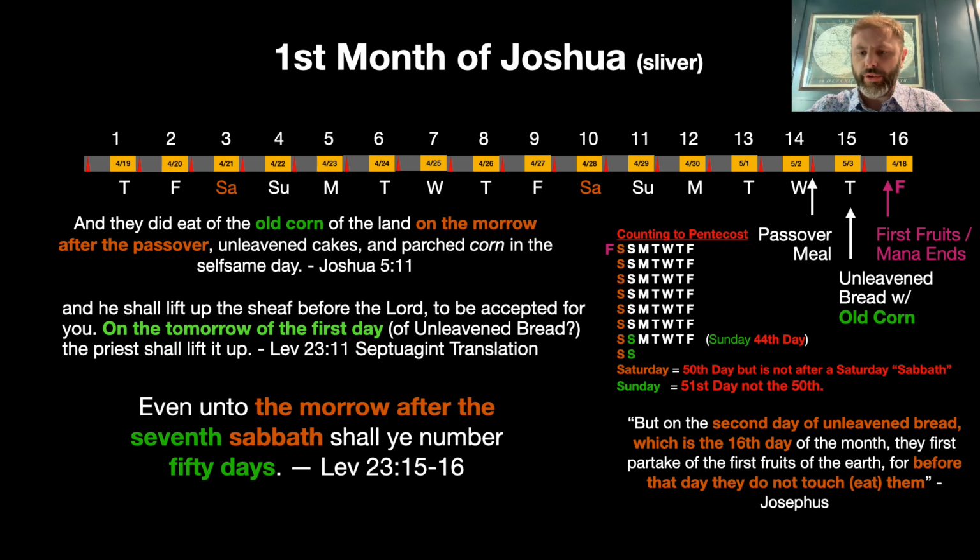So here's an example where we're told that 50 days, 7 Sabbaths should line up on a Saturday, but it does not line up on a Saturday in this particular year, or any year really, where Passover is not on a Friday. So there's lots of other things to investigate with respect to counting the time to Pentecost, but the point is we've identified a day where we should have a Saturday, and we don't.